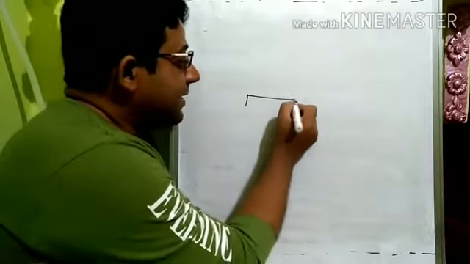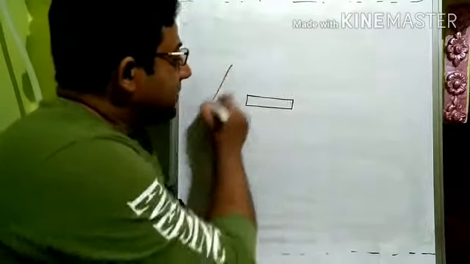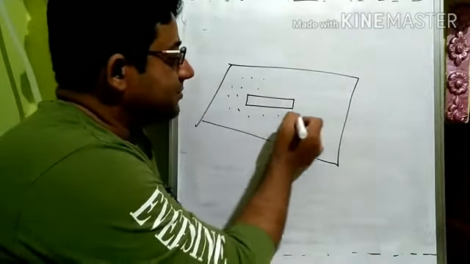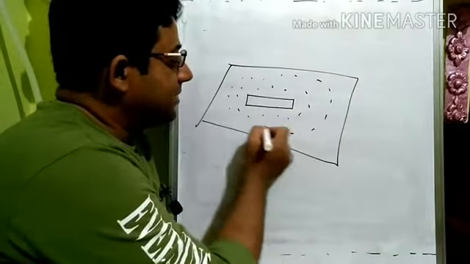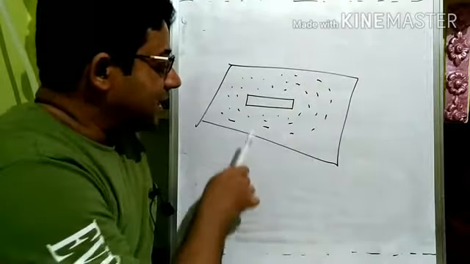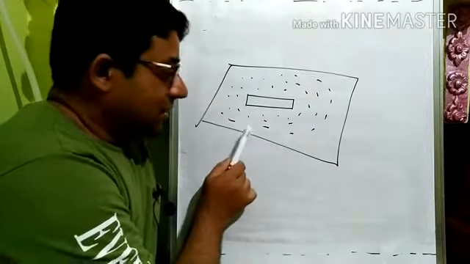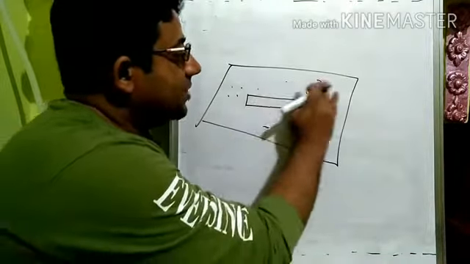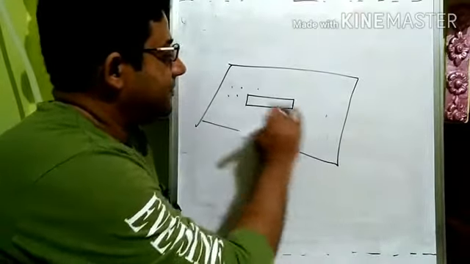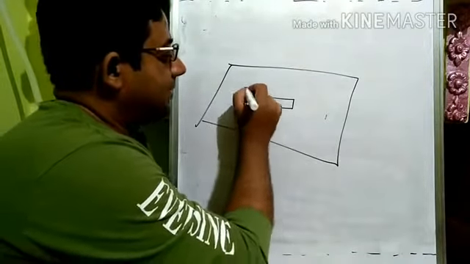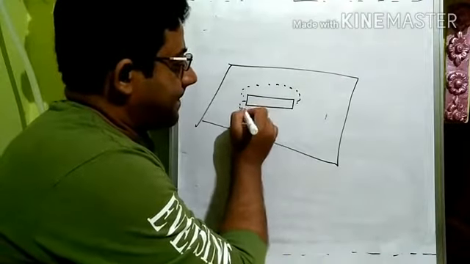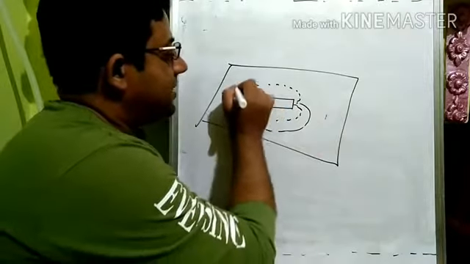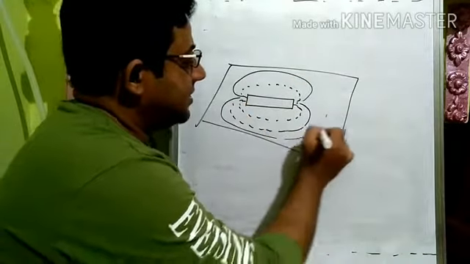You remember we had taken one magnet on a piece of paper, then we spread some sprinkles of iron pieces. Then we started tapping on it. When we tapped on it, all these pieces were aligned in particular directions. So along some lines, they arranged themselves.